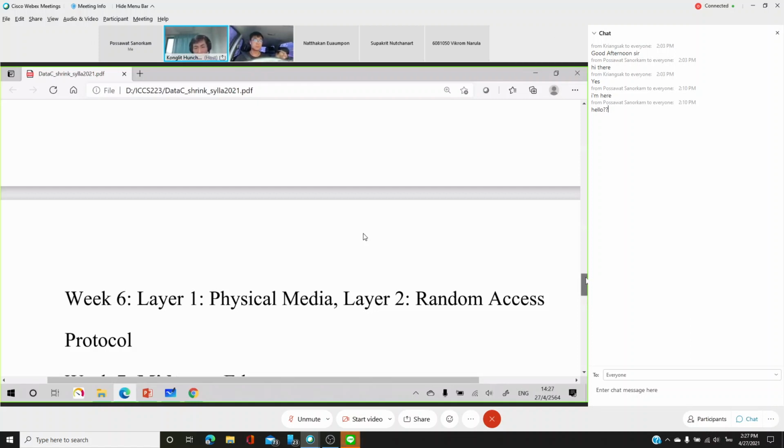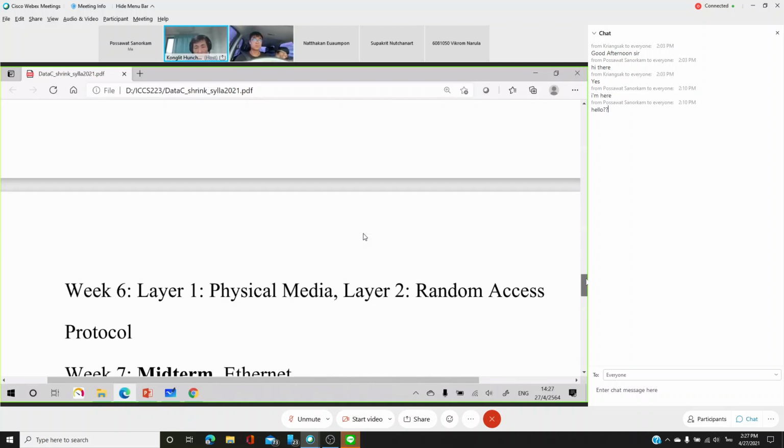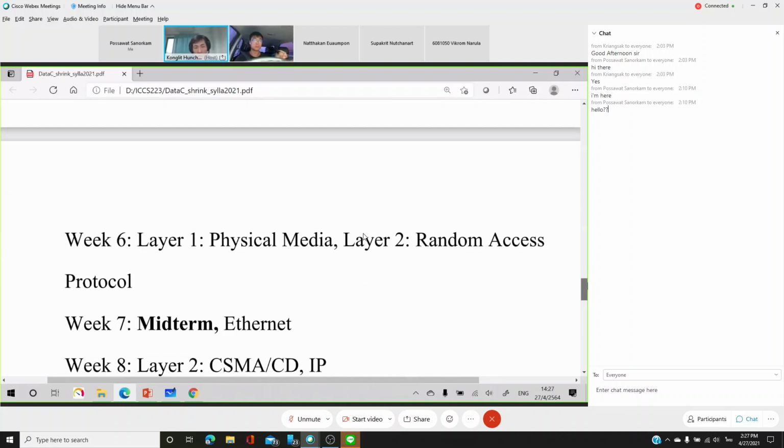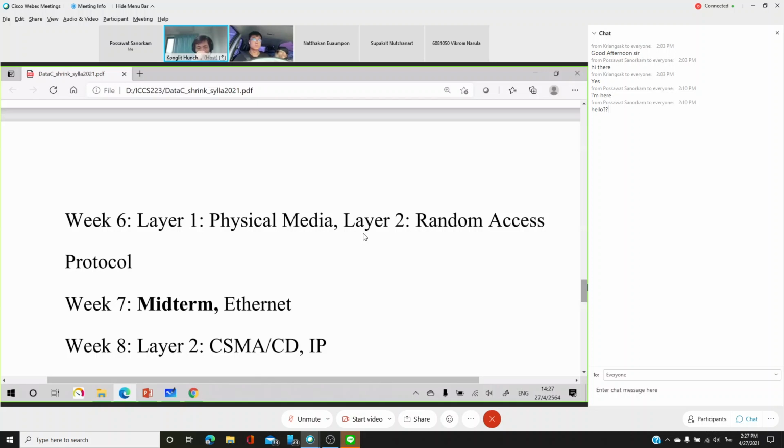So we're going to look a lot into layers 1, 2, 3, and 4. In week 6, we're going to learn about layer 1. Layer 1 is the physical layer. It concerns the wire or wireless, the medium that the data travels.